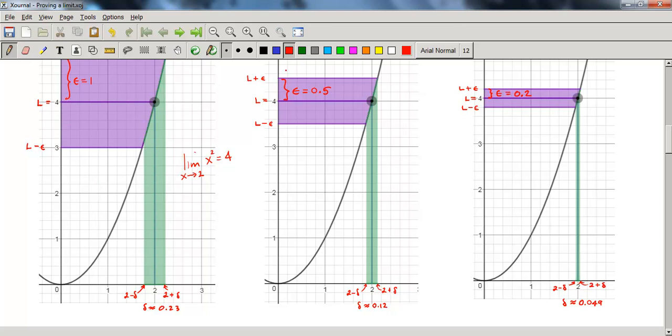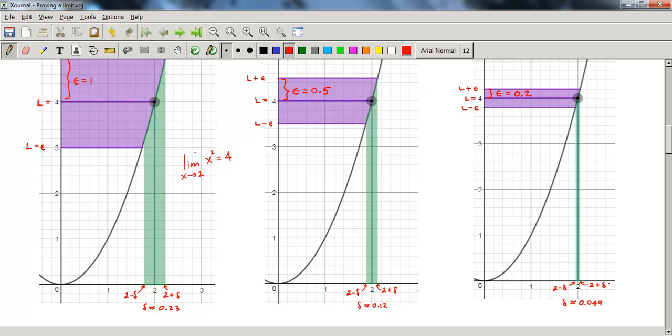If I shrink epsilon, make it smaller, in this case only 0.5, then I have to also find a new delta. If I choose delta to be 0.12, then for all x within 0.12 units away from 2, the f of x values will all be within 0.5 units away from 4.